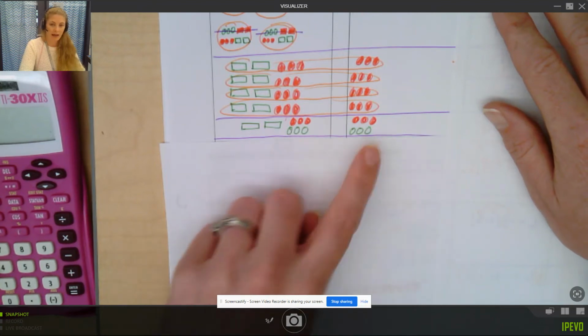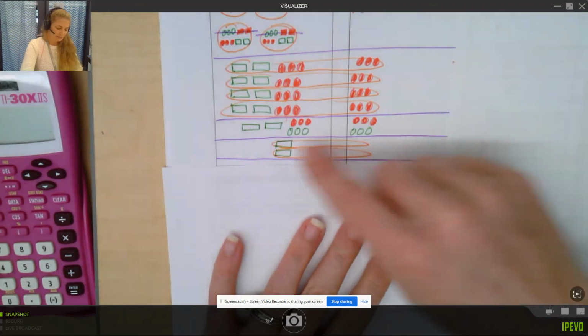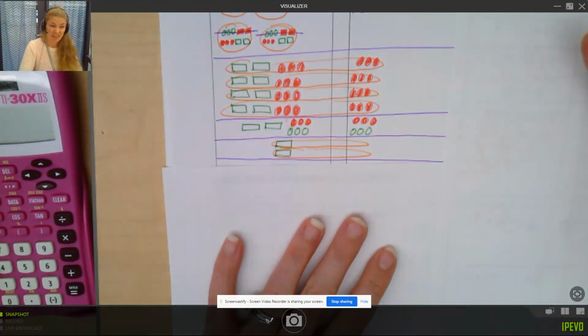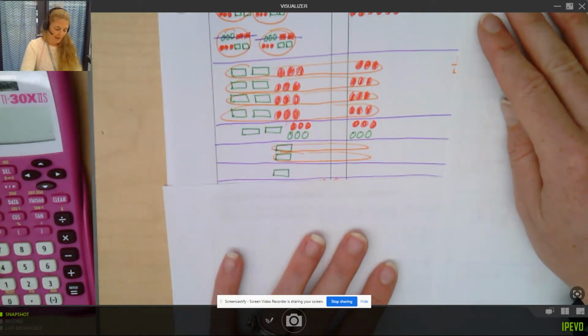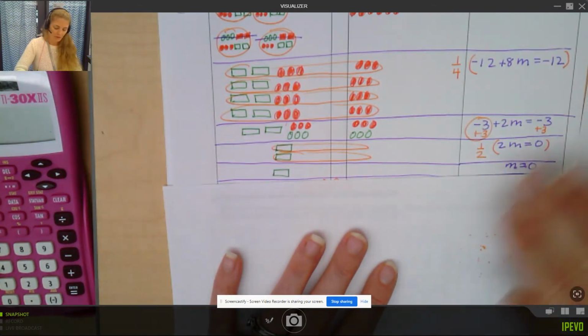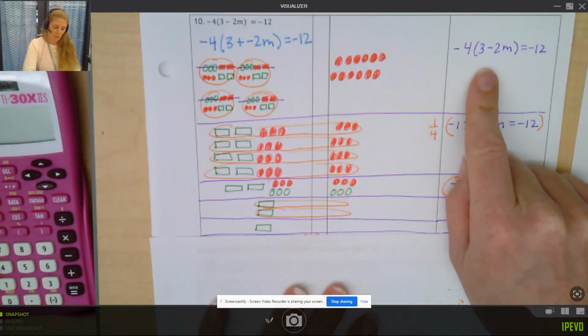To undo the 3 negatives, I add 3 to both sides, 3 positives, to get 2x is equal to nothing. There's nothing there, you guys. I guess you could draw a 0 pair there if you want, so that x is equal to 0. So showing the math, we can say that -4 times that.